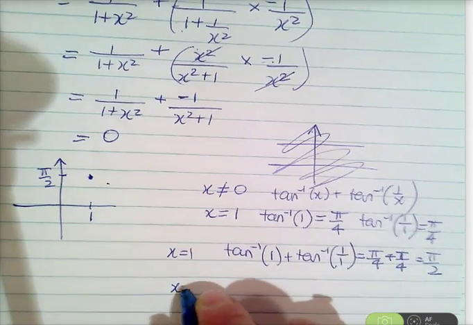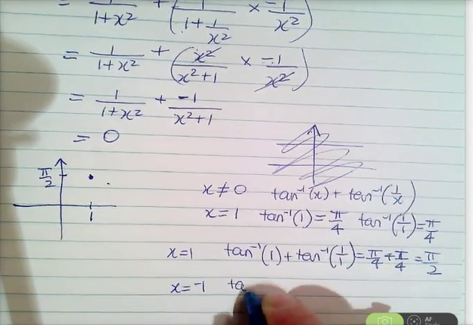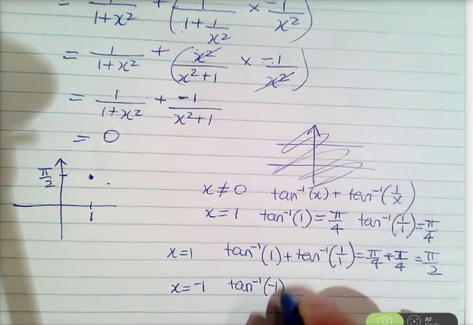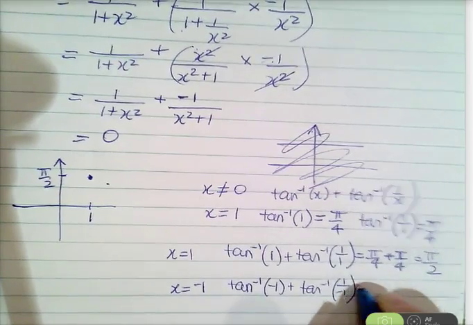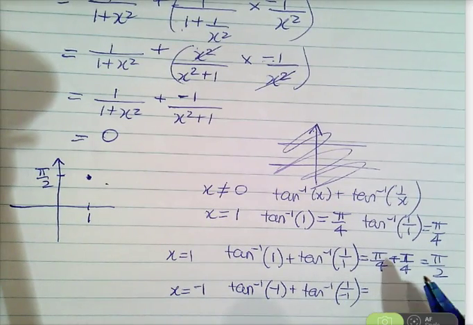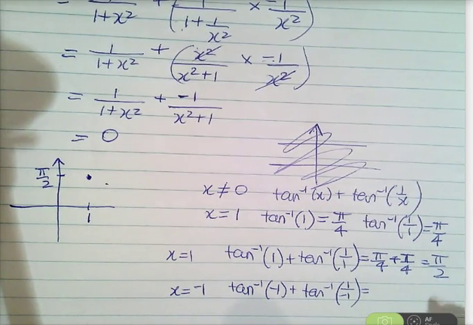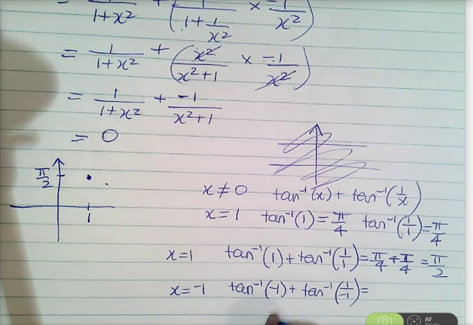All right, I'm also going to look at when x is negative 1. So the inverse tan of negative 1 plus the inverse tan of 1 on negative 1, again, is just the inverse tan of negative 1. Now, tan of what to get negative 1? You've got to be in quadrant 4.